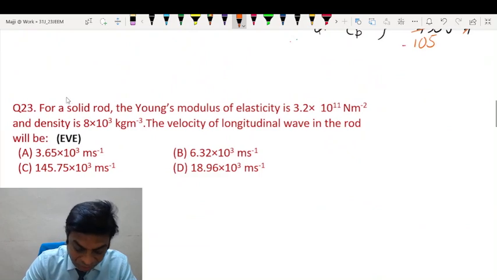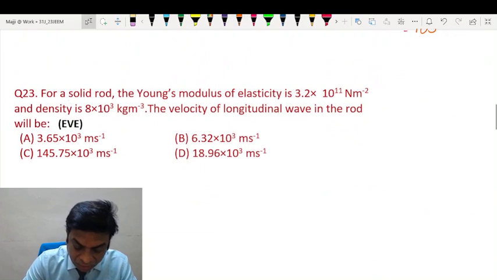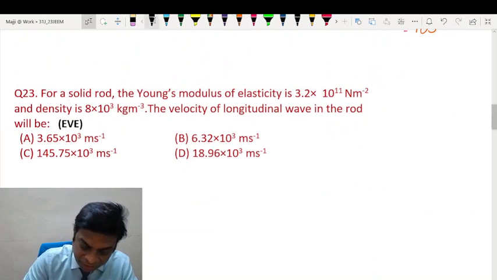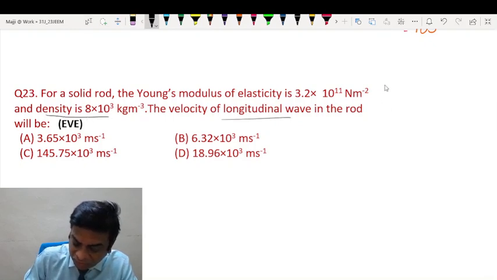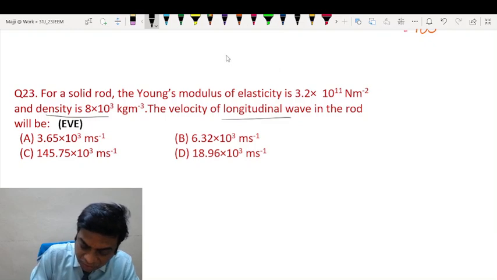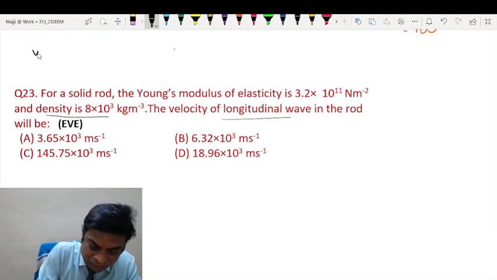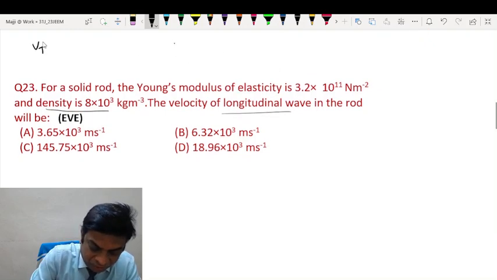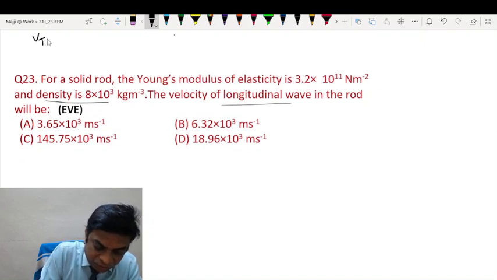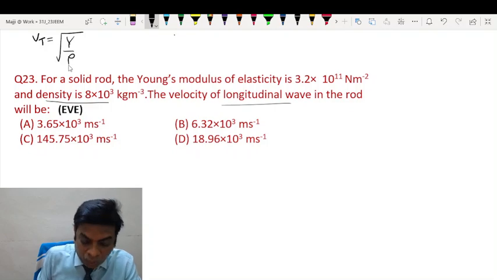Moving to the next question. For a solid rod, the Young's modulus is given as this and the density is given as this; find the velocity of longitudinal waves. Students, this is simply a formula-based question. Now the velocity of a longitudinal wave is given by the square root of Young's modulus upon rho.